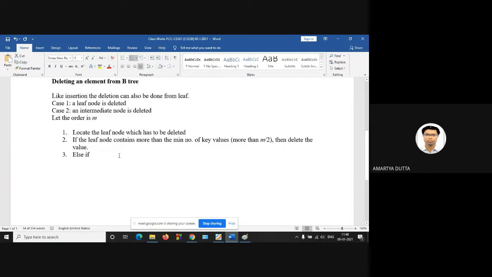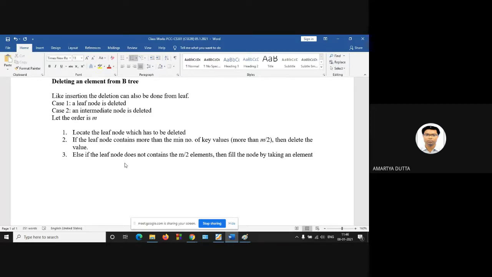Yes, sir. Else if the leaf node doesn't contain the m by 2 elements, then fill the node by taking an element either from the left or from the right sibling.